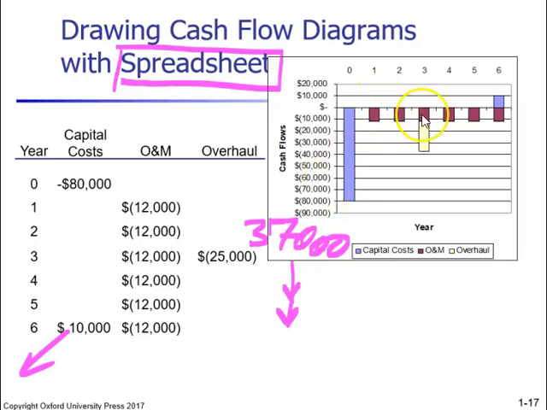Year 1, 2, 3, 4, 5, 6, we all have this recurring installment. And 3, 2. So you see, it is a cash flow and it shows everything, and it's way easier to read and understand in comparison to tables or text.